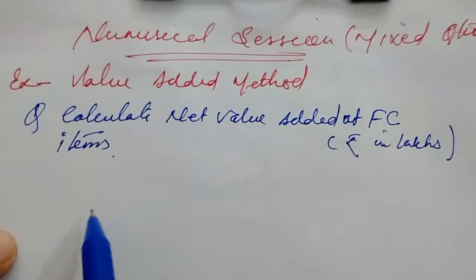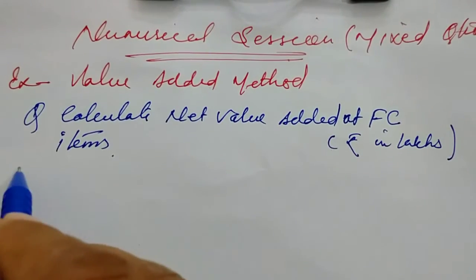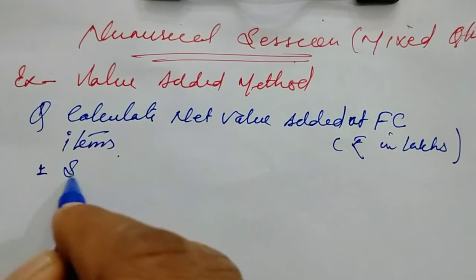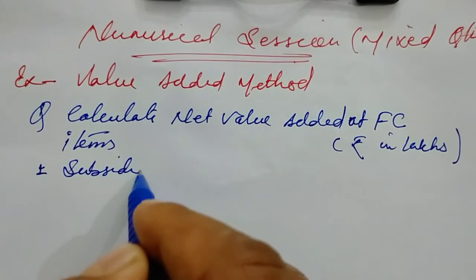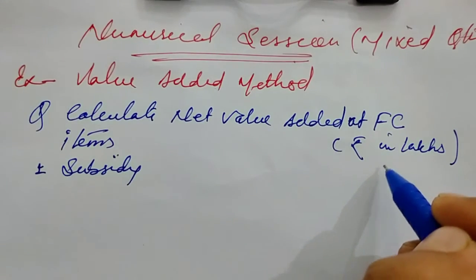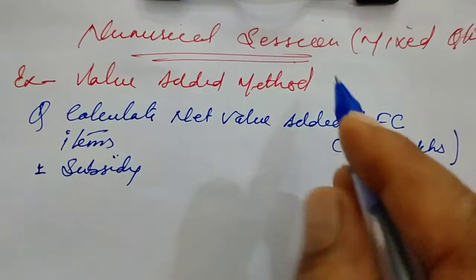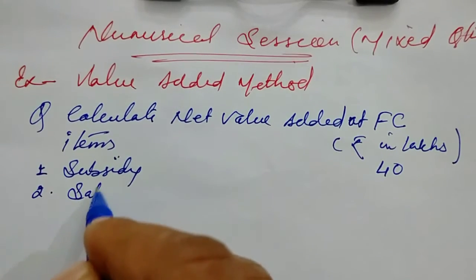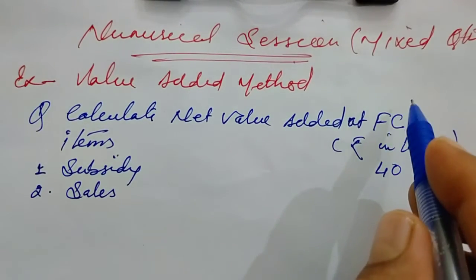So the first thing I am taking is subsidy. Amount is 40. Second I am taking sales, and amount is 800.